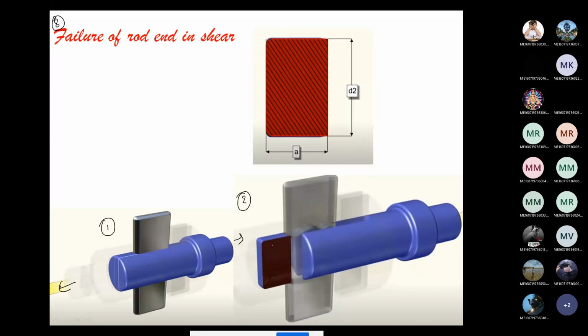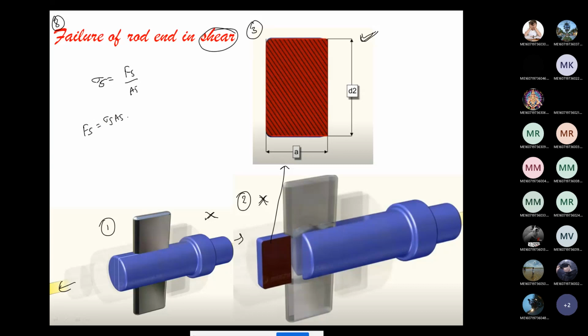Now this failure area we need to consider. In examination you need to draw this third image, no need to draw the second image and first image. Now shear, I'm saying shear because shear stress is induced. Shear stress equals shear force by shear area, so shear force equals shear stress into shear area.